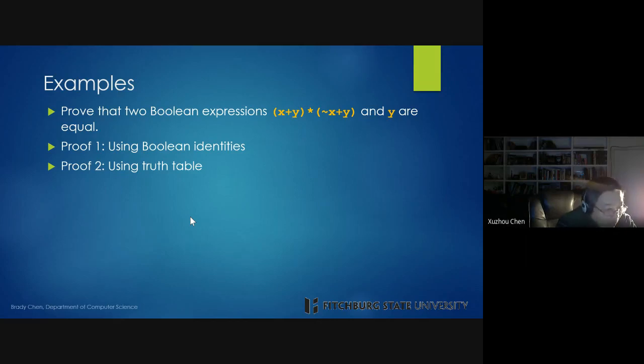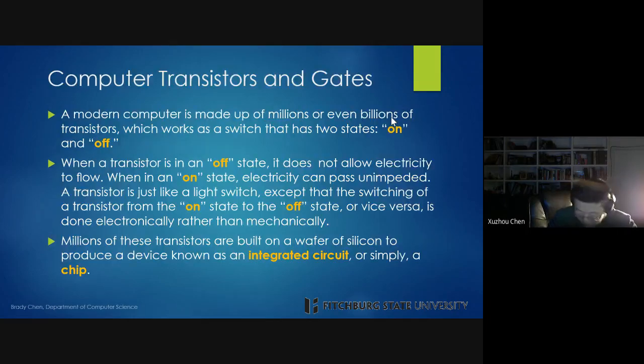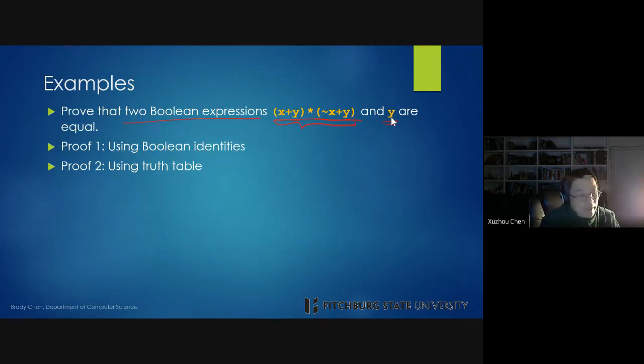For example, I can ask you to prove that the Boolean expression (x + y)(~x + y) is equivalent to y. Why is this the case? You can build the truth table for this expression, and a truth table for the other expression.